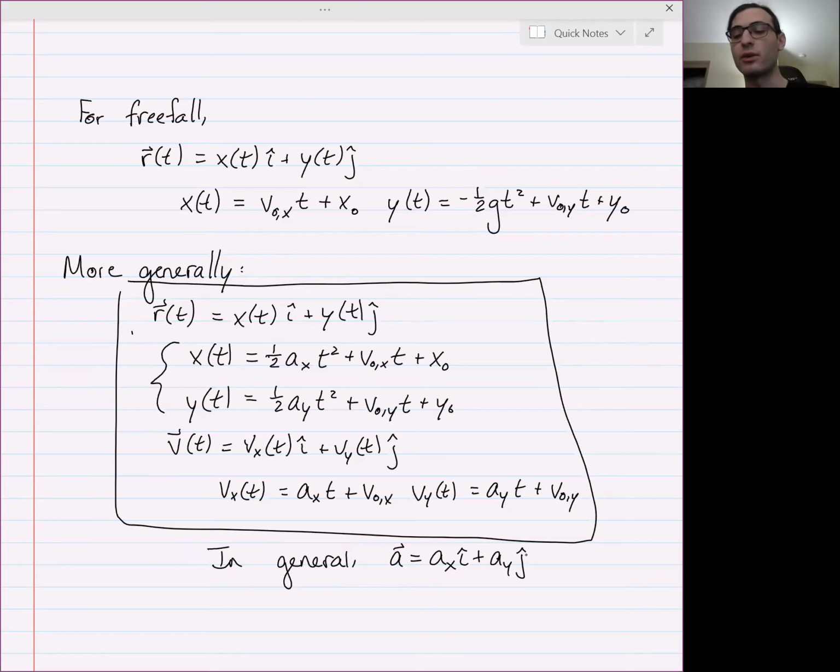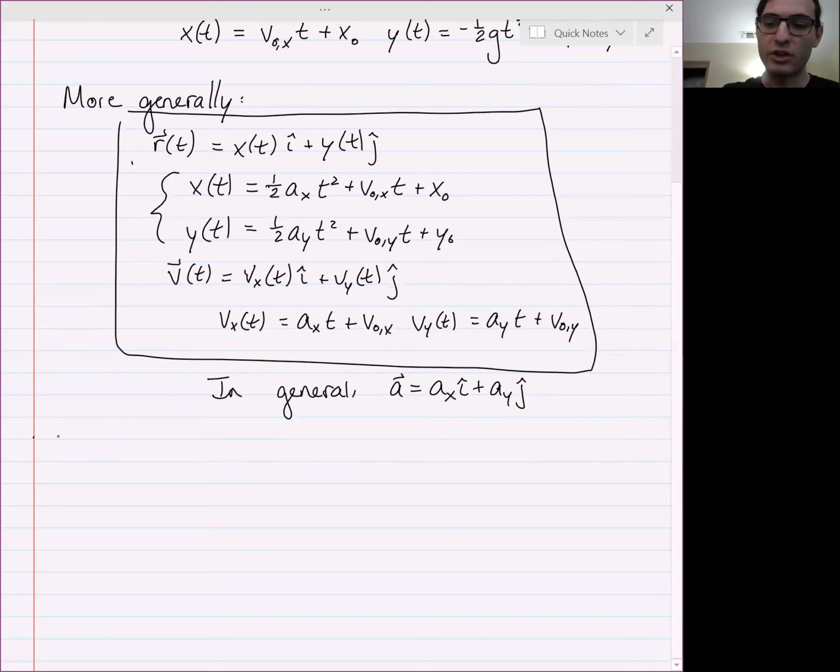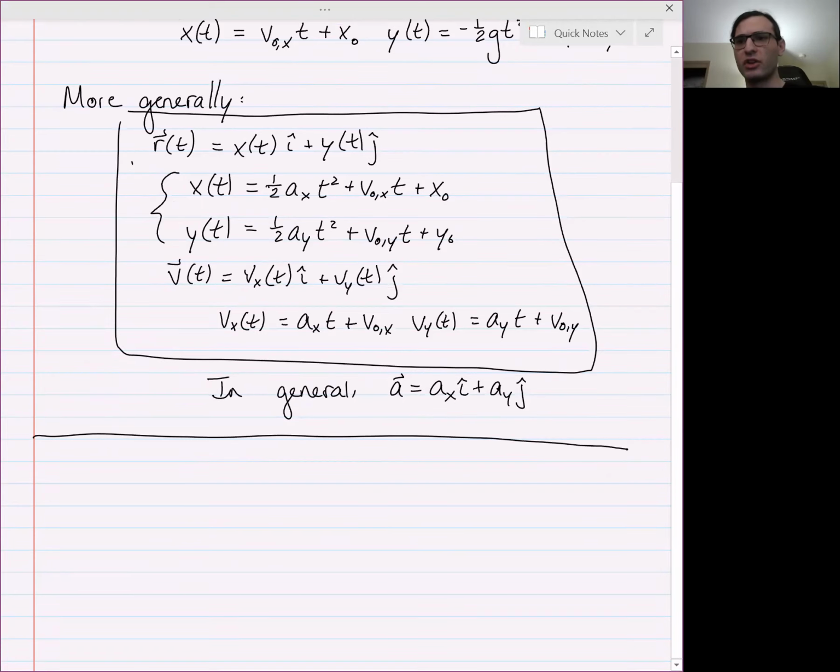You could extend this out to the z direction as well, but we're not going to worry about that. All right, so I just wanted to introduce that. There's nothing particularly new there, it's just more general, but I wanted to make sure I covered it in case it wasn't clear.